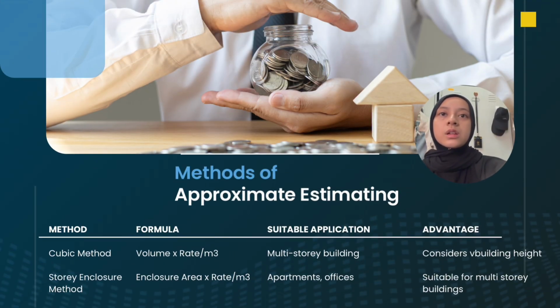The third method is the cubic method, which estimates the project cost based on the total volume of the building. Since it considers the building's height as well as its floor area, it is more suitable for multi-story buildings and buildings with different story heights.